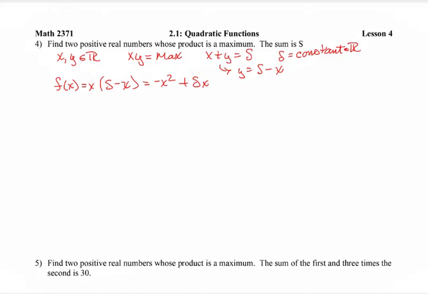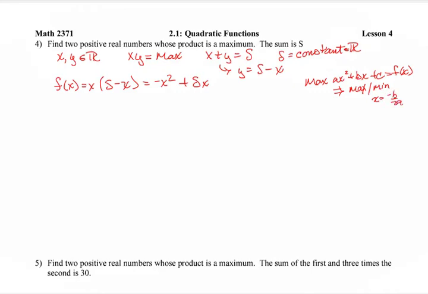We also know that for the max of a quadratic, if we have ax squared plus bx plus c equal to f of x, then our max slash min occurs at x equal to negative b over 2a.